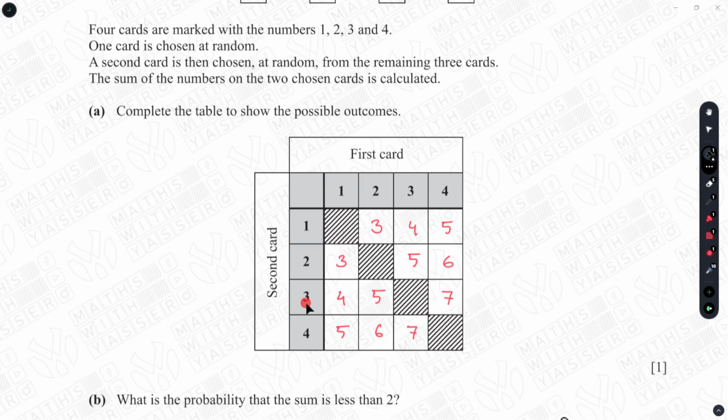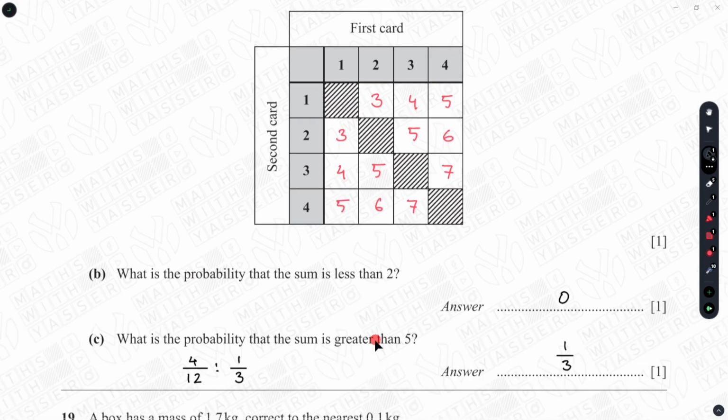Or if the second card is 3, it will be 1 plus 3, which is 4. Or if the second card is 4, then the sum will be 1 plus 4, which is 5. Similarly, we need to fill up all these boxes which contain the sum of the 2 cards.